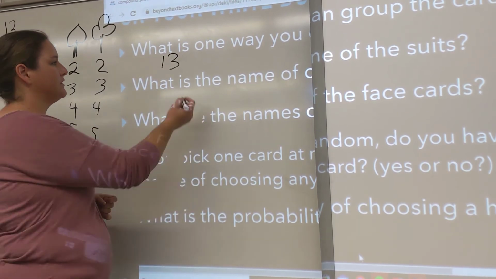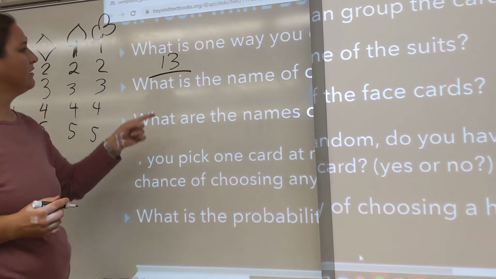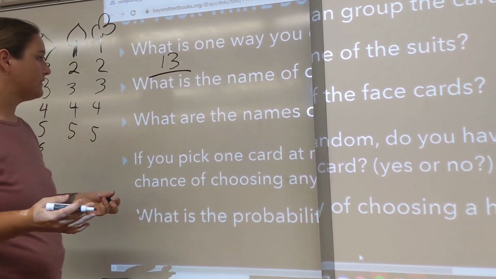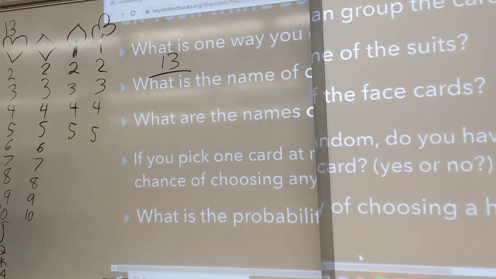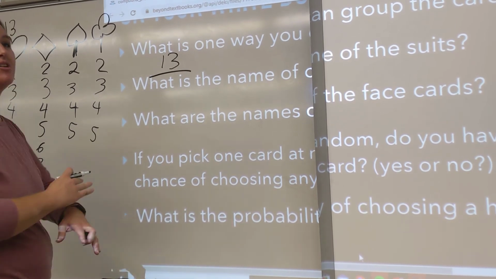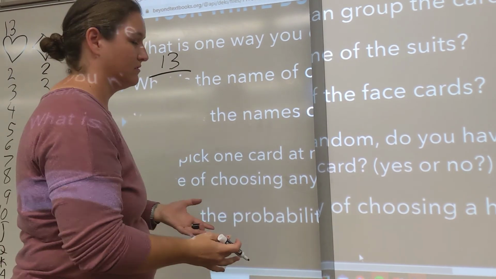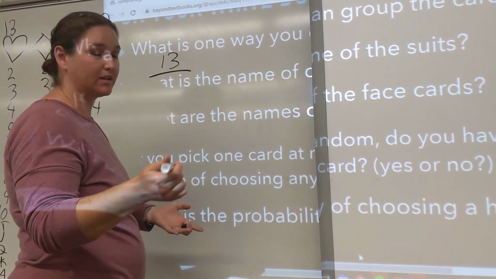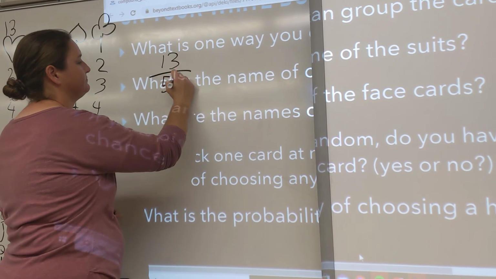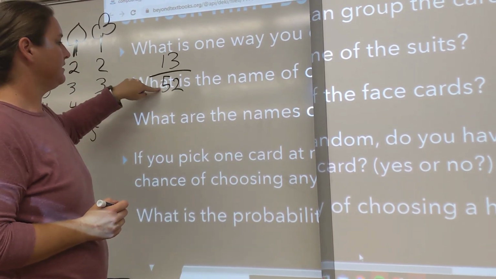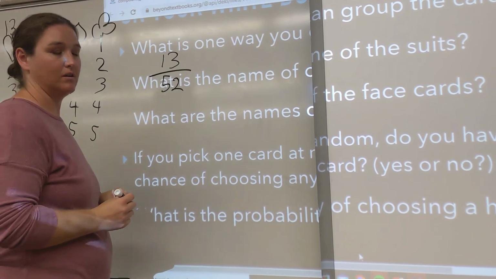Now we're going to put this number and say 13 out of, and then the denominator has to be the whole sample space. How many cards are in the whole deck of cards? 52. So you have 13 out of 52.